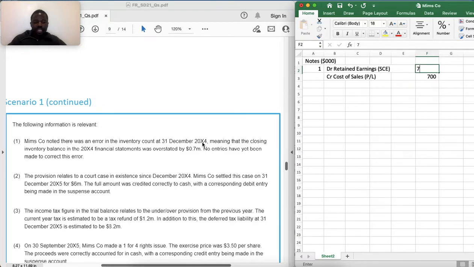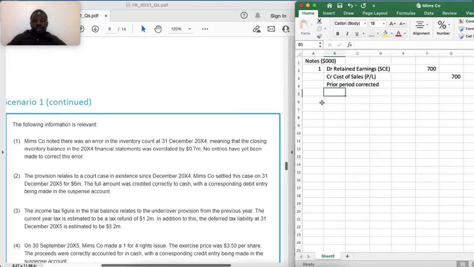So debit 700. As I said, I will be working in thousands. So the 700 is 700,000 or 0.7 million. There we have the prior period adjustment. That is the prior period error corrected.